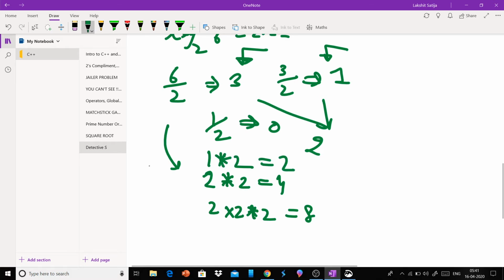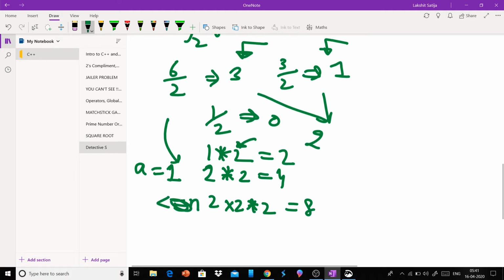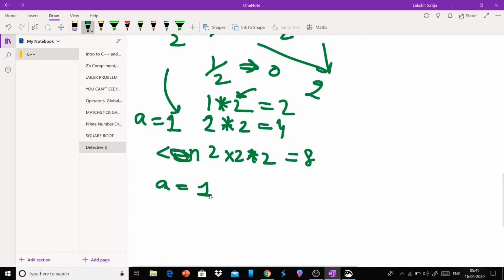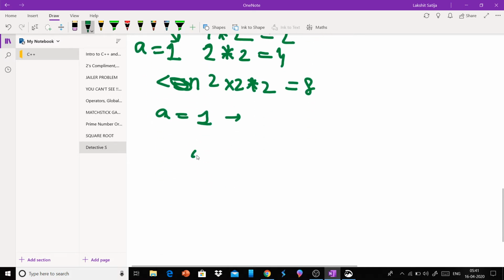Suppose we start a number a at 1, and we multiply it by 2 till it is less than or equal to the number. Suppose I take a equal to 1. What I do is that while a is less than or equal to the number n, right?